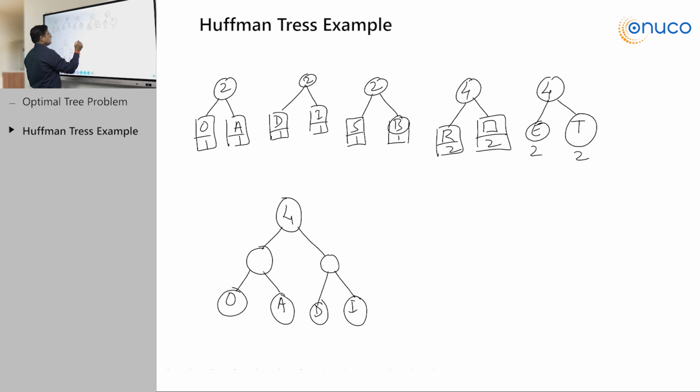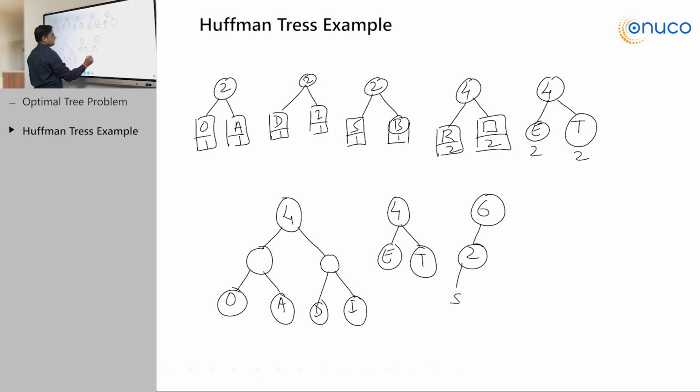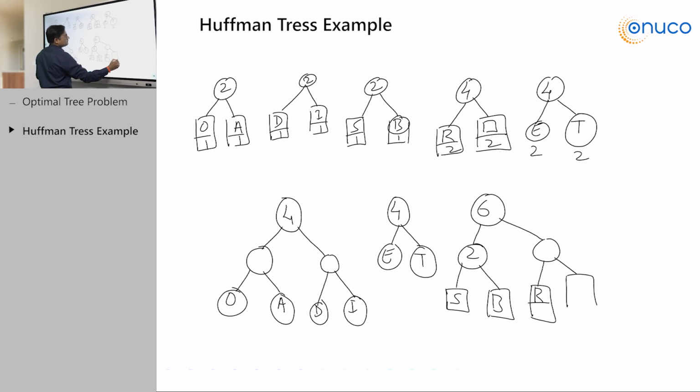So we can write it now, we have a 4, E T and we are writing here 6, keeping the smaller value on the left side, we are keeping 2, here is the S, keeping B on the right side, right, and here is a 4 part, so here we have R and here we have a blank space of 2 units. Okay, if you don't write the unit also later on there is no issue, we do not worry about this, right. So basically this is 2 plus 2 giving 4, and finally it becomes 6.